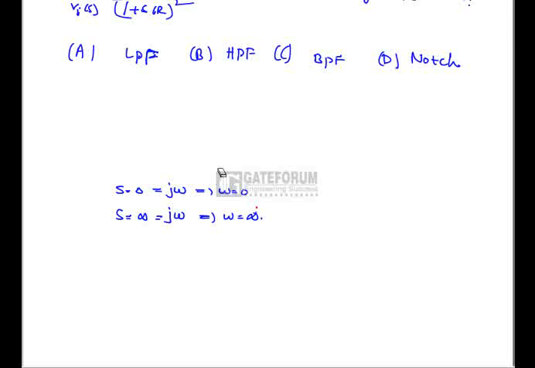If we substitute S equals 0, we get output V0 by Vi equals 1, whereas at S tends to infinity, V0 by Vi equals 0. It means it is performing a low pass filtering action, so option A is correct.